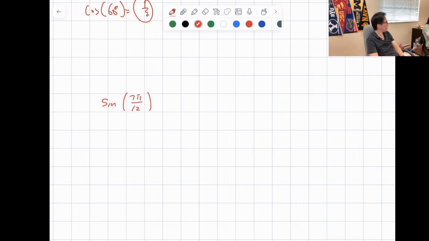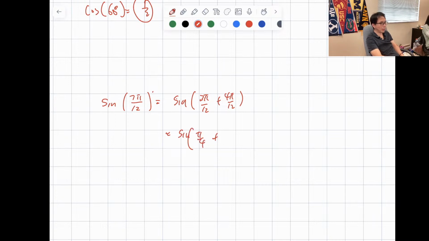So the hardest part is to think about this. So think about you can do a combination, right? Pi over 12 plus 6 pi over 12. Or the way I think about it is sine of 3 pi over 12 plus 4 pi over 12. Why is that? Because 3 pi over 12 is what?